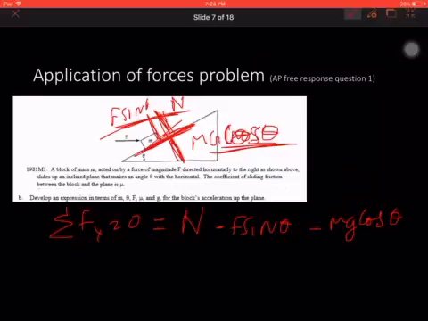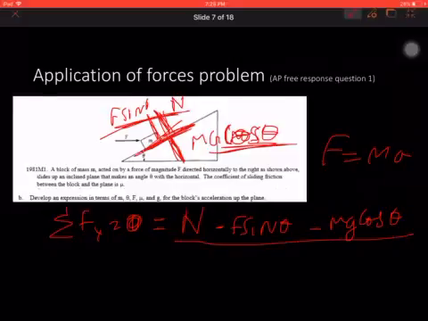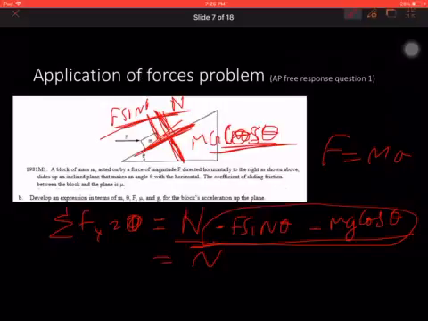That will all equal 0. When you isolate all of these and bring them to the other side, the normal force N is going to equal F sine theta plus mg cosine theta. Okay, so there's that.